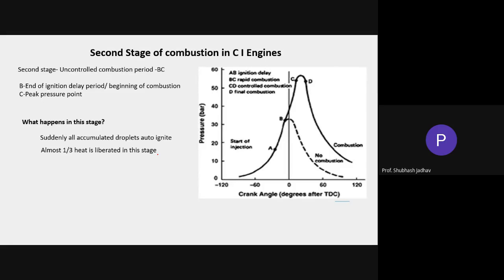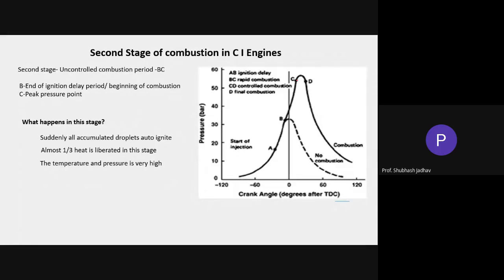Okay. So the temperature and pressure suddenly go on and reach very high, because at the end of this stage, we are going to have maximum pressure, and correspondingly almost maximum temperature also. Pressure and temperature are related to each other, correct?